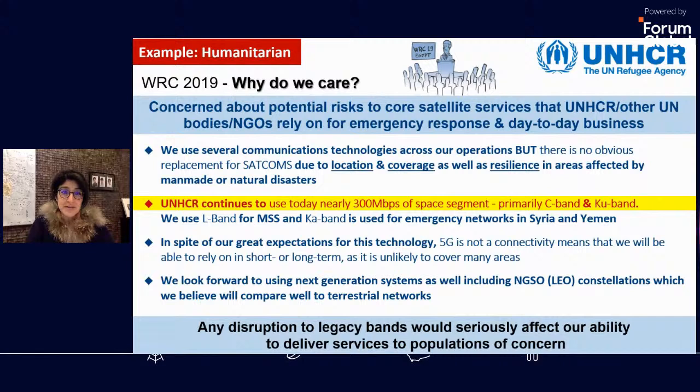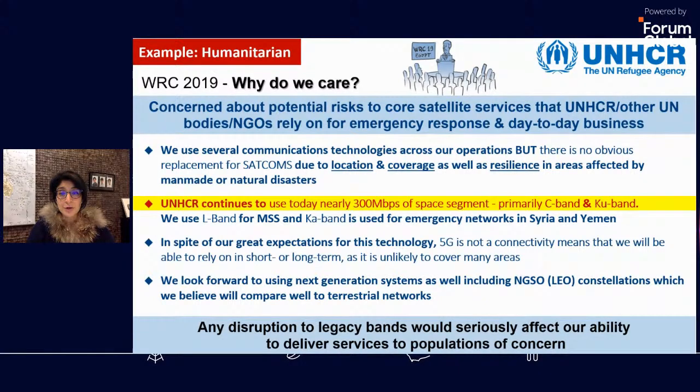I wanted to give you some examples, and these are not SOA slides. These are slides which were presented by some of our users at the WRC 19. The first one is from UNHCR, the refugee agency, and I've highlighted in yellow their statement about C-band, that UNHCR continues to use today nearly 300 megabits of space segment, primarily C-band and Ku-band, so they use both.